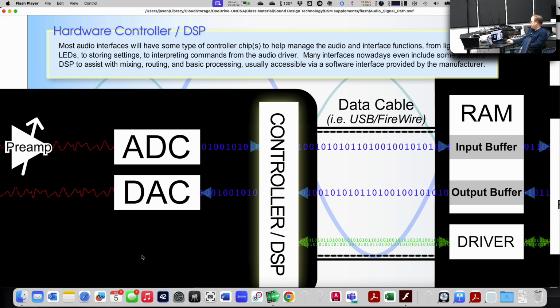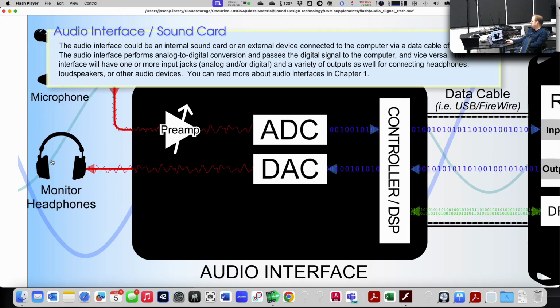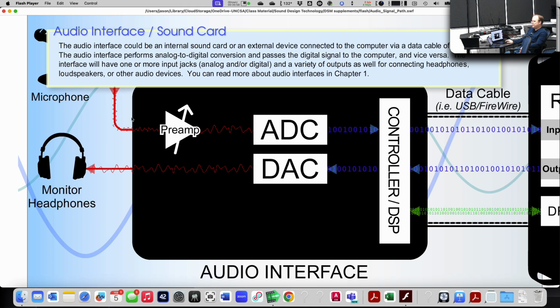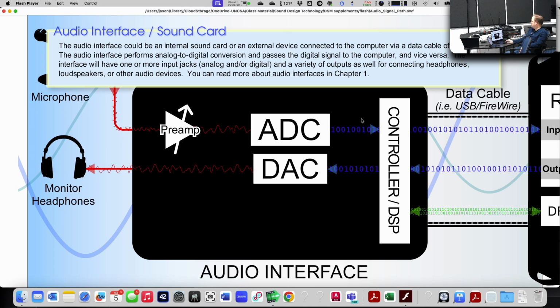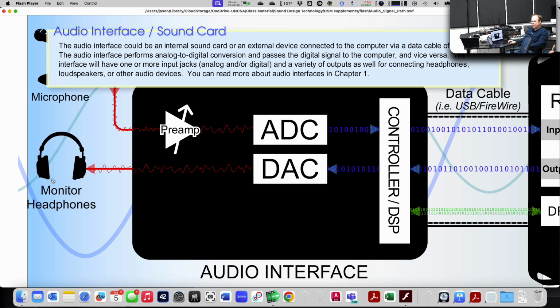For example, when you're recording people, they sometimes like to hear themselves back in these headphones. Well, if the sound has to go through the converter, through the controller, into the computer, do all the computer-y stuff, and then come back out, get converted back, and then they hear it. Remember what we were talking about with latency?